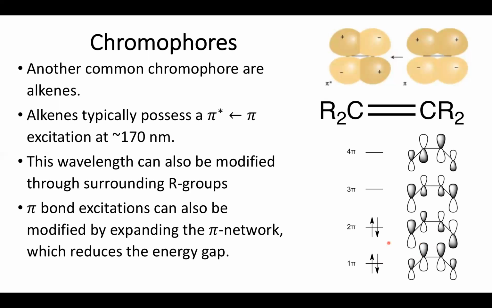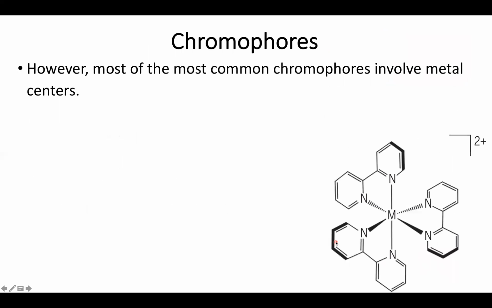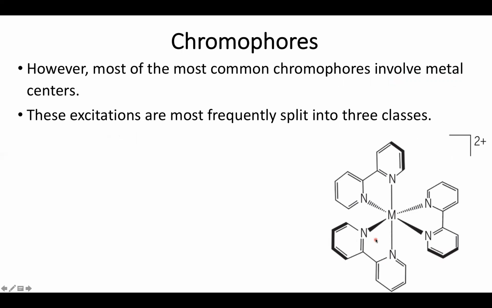However, there's a reason why inorganic chemistry has the reputation of being the most colorful of chemistry. Most of the most common chromophores tend to involve metal centers, and that's because metal centers open up a whole new field of electronic excitations. They're split into three major classes that we're going to talk a little bit more about next time.